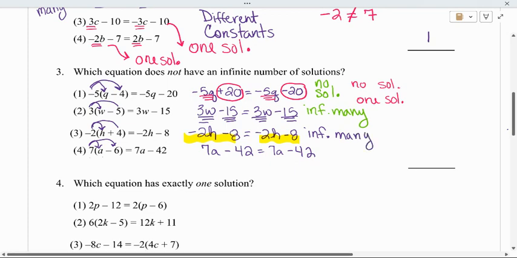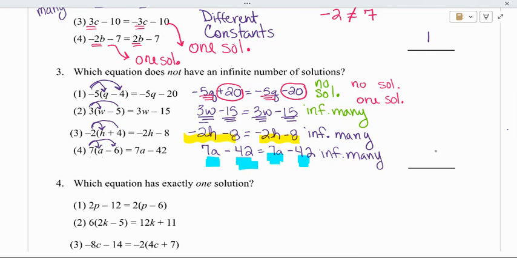What can you tell me about that? They're exactly the same. Same variable, same constant. What does that mean, Kenna? Infinitely many solutions, which is different than infinite. Okay. So the only one that doesn't have an infinite number of solutions is answer choice number 1.